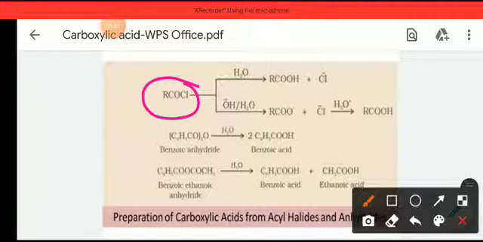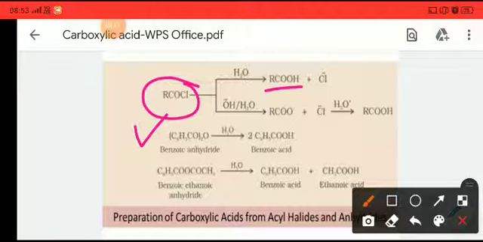If you hydrate acid chloride with water, it will give acid. Similarly, in case of anhydride, any anhydride, while we hydrate it like acid chloride, it will also give acid.